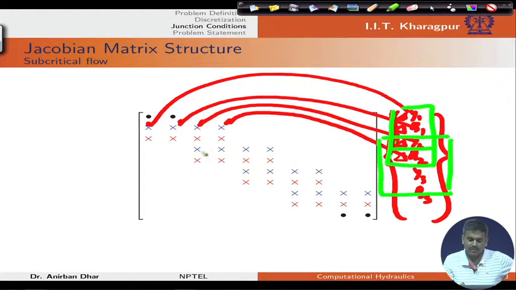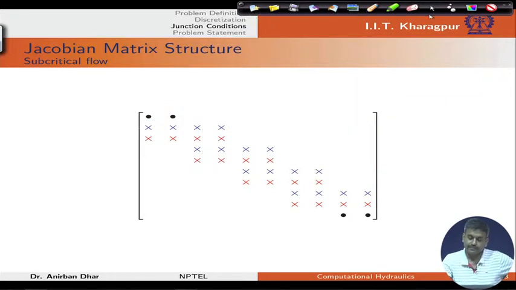So, these 2 entries are common, we will multiply it. So, obviously, in this case we will get the solution. These 2 are basically corresponding to boundary conditions, and if required we can incorporate the junction conditions. I have not shown those junction conditions within this matrix structure.